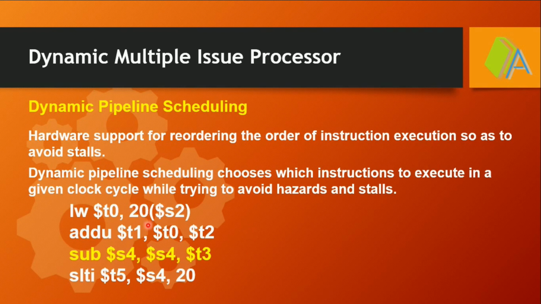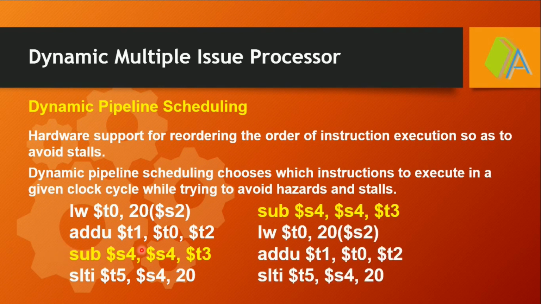Here the first and second instructions have a data dependency on register T0. So in the normal pipelining stages, the third instruction has to wait for the computation of the first instruction. Then only the third instruction will be fetched. But the third instruction is completely independent of the first two instructions. So in order to overcome the waiting delay of the third instruction, we can do instruction reordering.